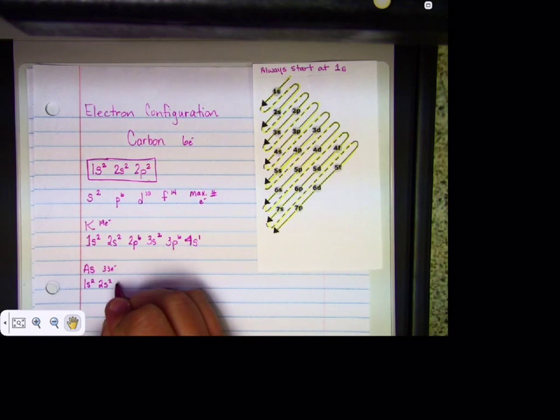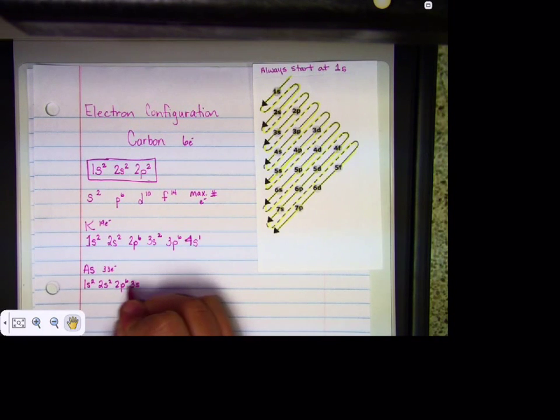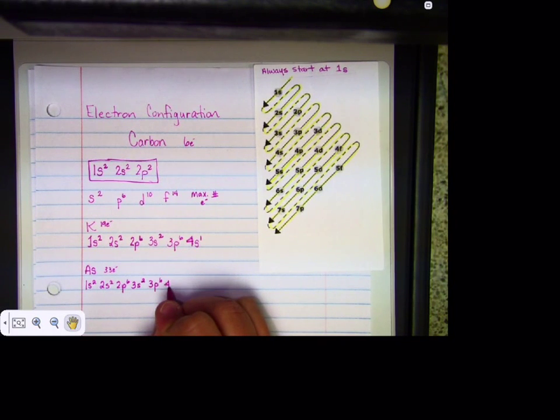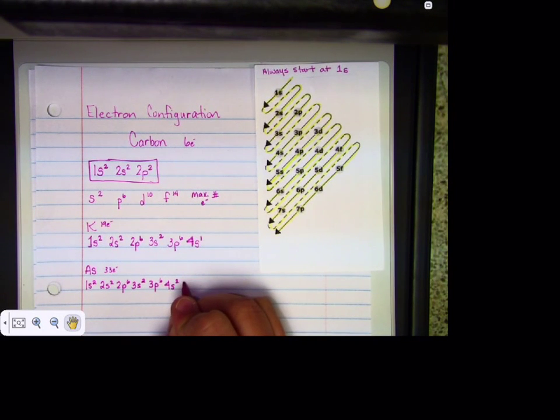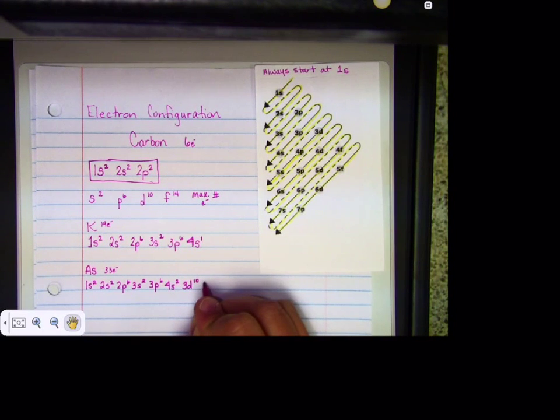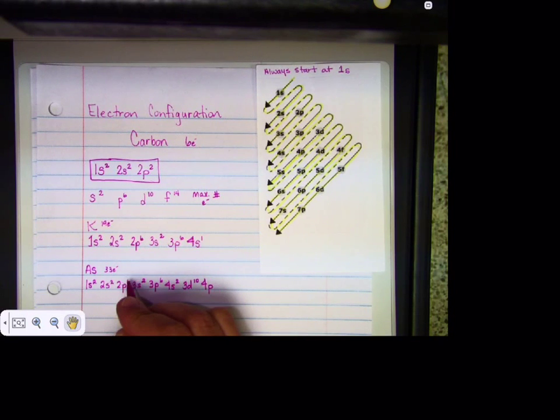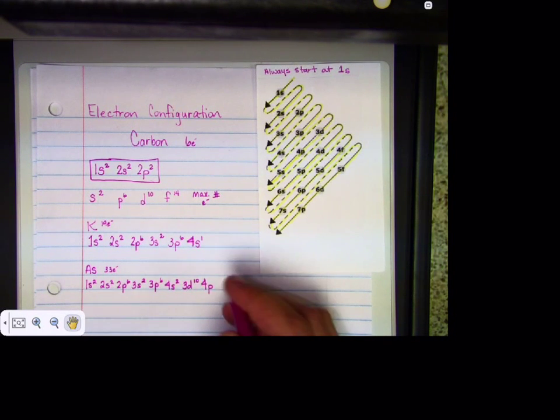Alright, now, again, we're starting at 1s on all these, so we're going to go through 1s2, 2s2, 2p6, 3s2, 3p6, 4s2, and then after 4s2, you should have gone to 3d. You need a 10, that makes 30 electrons, and then after 3d10, you would go to 4p, and we don't need 6 electrons there because we only need 3 more, because 2 plus 2 plus 6 plus 2 plus 6 plus 2 plus 10 equals 30.